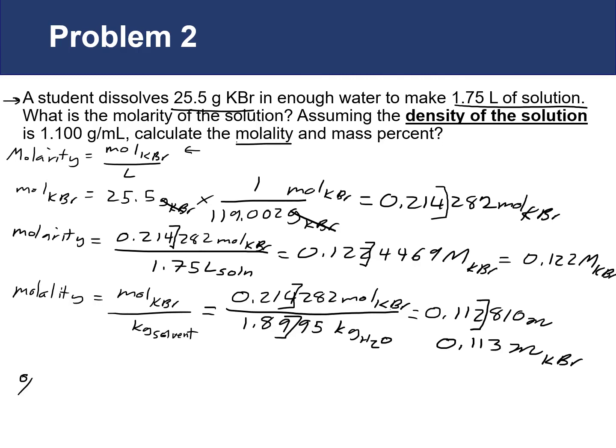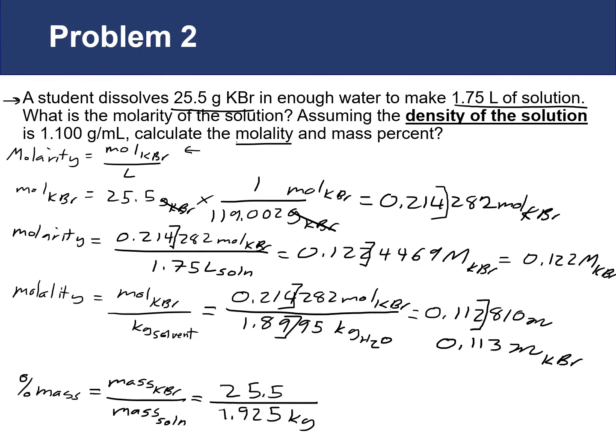To find the last part, we're going to look at our mass percent. So our mass percent is equal to the mass of KBr divided by the mass of our solution. We had previously, when we were working out the molality, as part of our interim step, worked out the mass of the solution, which came out to be 1.925 kilograms, and the mass of the potassium bromide was 25.5 grams.